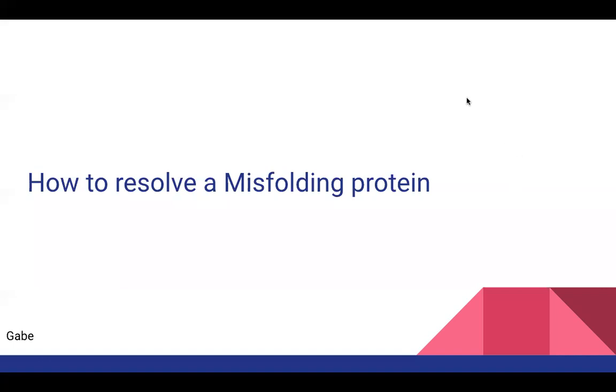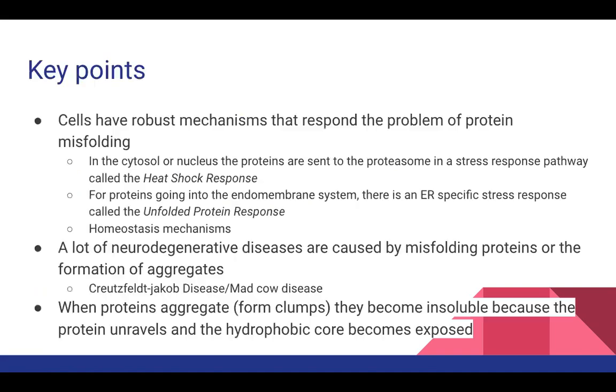So the next part we'll talk about in topic 2 is how you would go about resolving a misfolded protein, or how the cell would. The key points to remember from this review are that cells have a variety of robust mechanisms that help with the problem of protein misfolding.